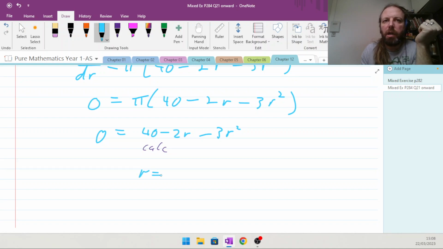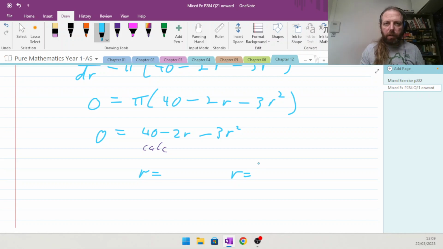Okay, so r equals and r equals. We're expecting two answers on it. Okay, so we've got -3, and we've got -2, and we've got 40 for the ABC values.